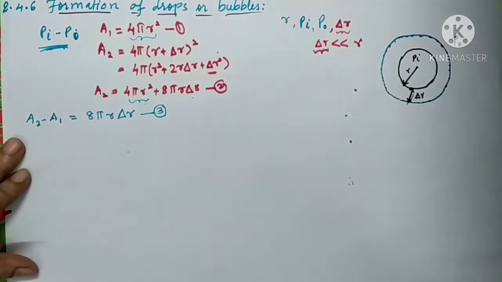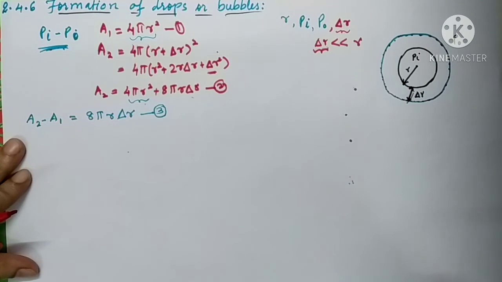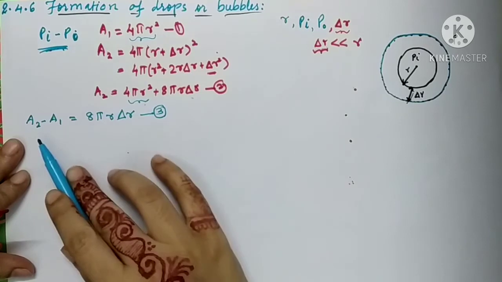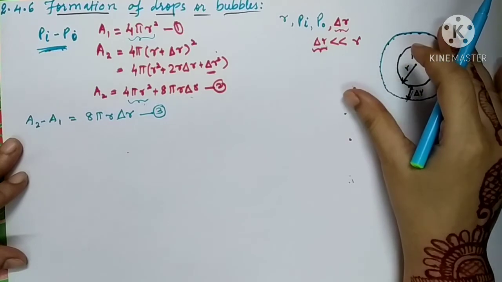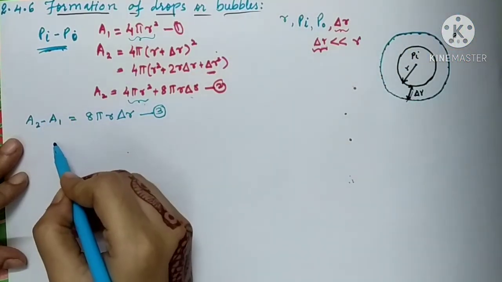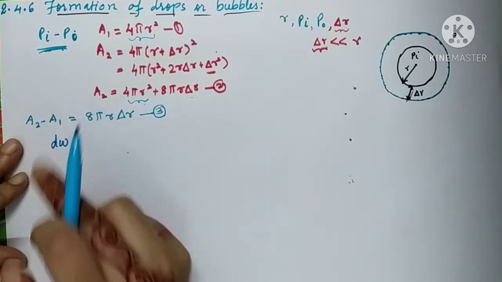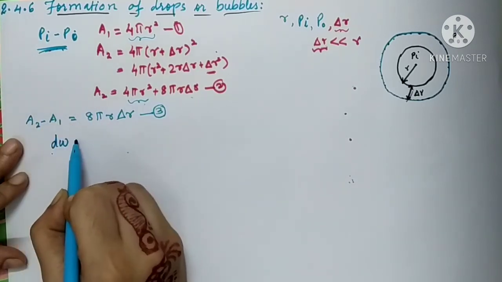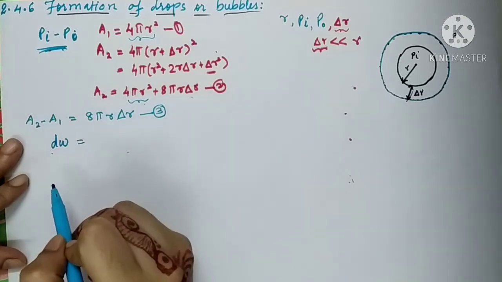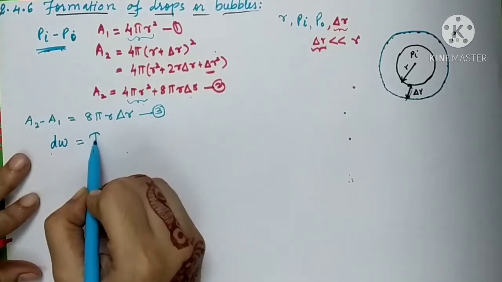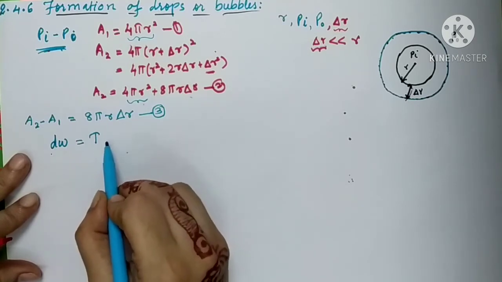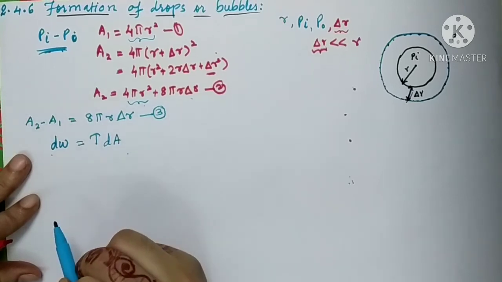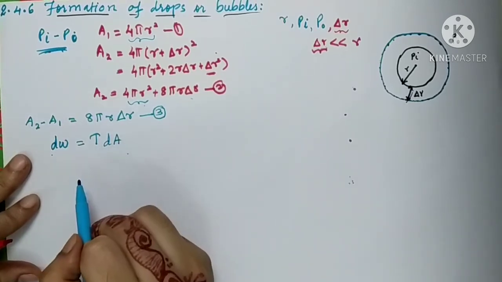We all know that a liquid surface does not want any increment in surface area because of surface tension. So here we have increased the surface area, and for this increment a certain amount of work has to be done. Let the small work done to increase the surface area of the liquid be dW. From the definition of surface tension or surface energy, dW is equal to T into dA, where T is the surface tension.